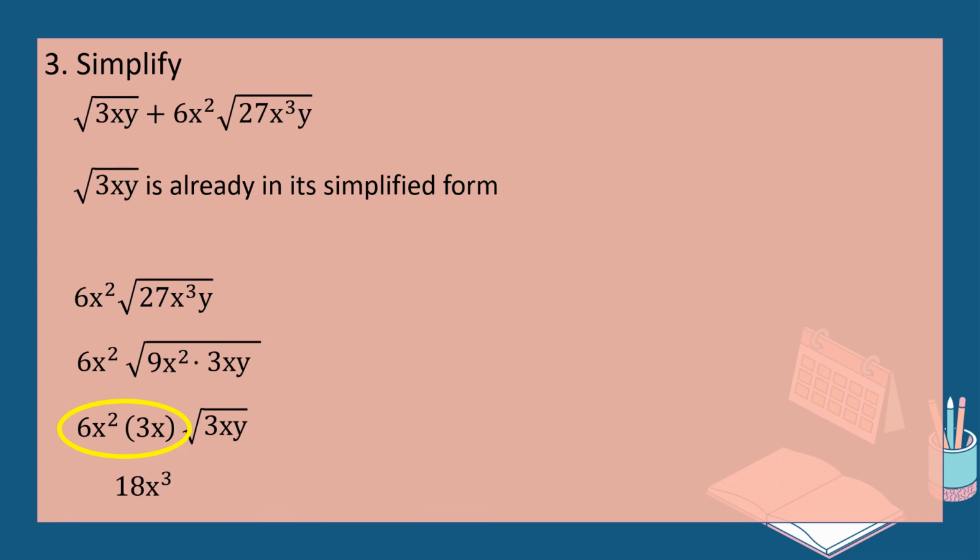Then copy square root of 3xy. Square root of 3xy plus 6x squared square root of 27x cubed y will now be written as square root of 3xy plus 18x cubed square root of 3xy.